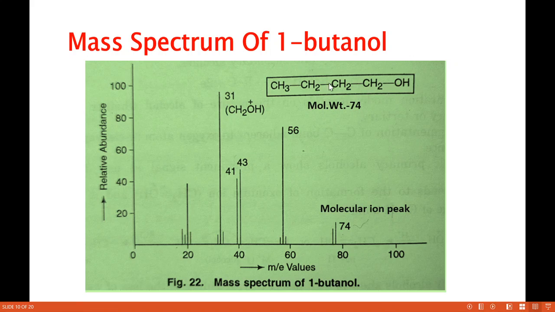The molecular weight of 1-butanol is 74 and the molecular ion peak is obtained at 74. Only one electron is removed, so the molecular weight is 74 and this is detected in the mass spectrum. That peak is the molecular ion peak.